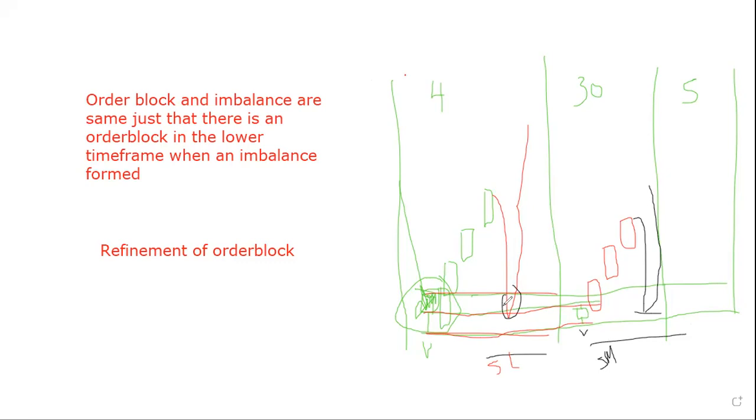So when you are talking about refinement, you want to talk about precision, precision and what? Lower stop loss. You want to reduce your stop loss. Now, if I take this particular order block that I formed here, I want to refine it to 5 minutes.